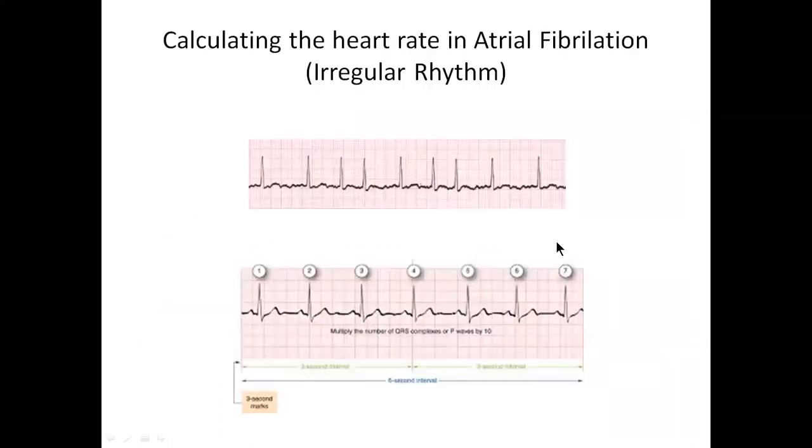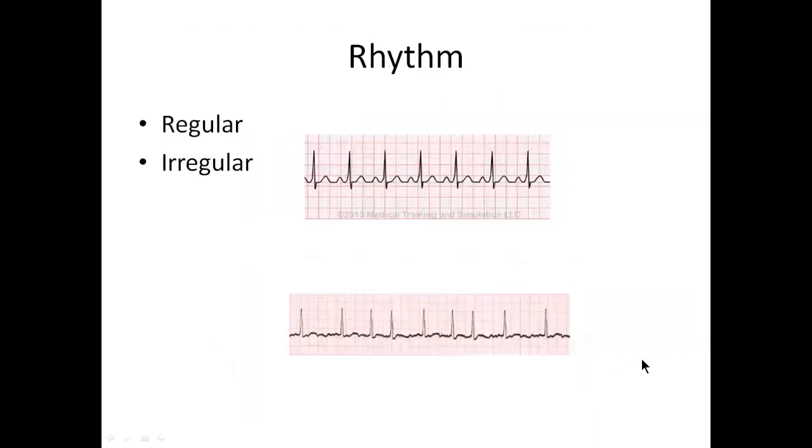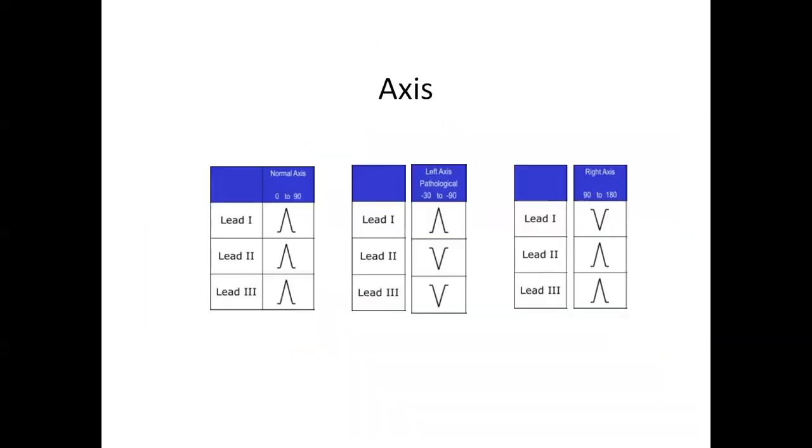If the heart rate is irregular, then you count the QRS complexes in 6 seconds and then you multiply that by 10. Next, you make a decision about whether the rhythm is regular or irregular. Then you look at the axis and decide whether it's normal, left, or right axis.